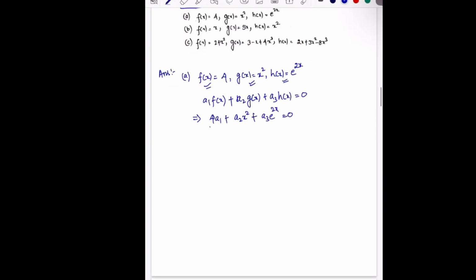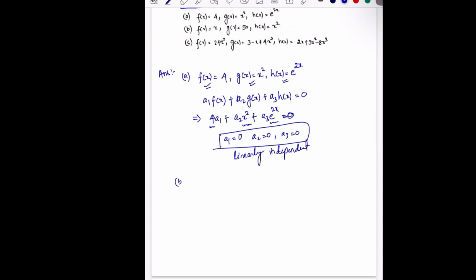Now you are seeing that the functions are different. Here it is 4, it is x², and this is e^(2x). So this is only 0 whenever a1 is 0. Similarly, a2 is also 0 and a3 equals 0. So this means this set of vectors is linearly independent.